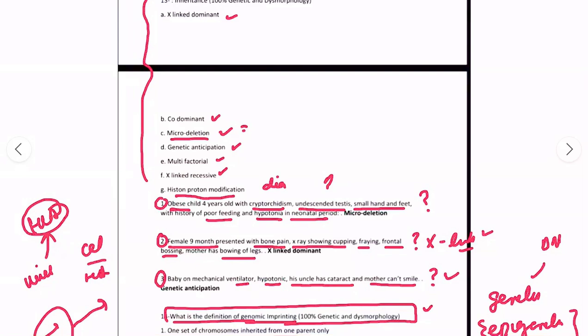An environmental factor alone is not going to affect your genomic imprinting. One set of the chromosome inherited from one parent only is the definition of uniparental disomy. That is a type of genomic imprinting. I have told you the different ways. Imprinting is basically by methylation mostly.